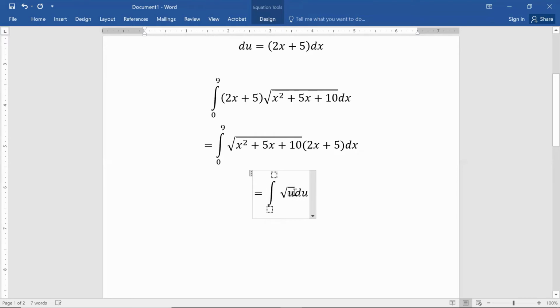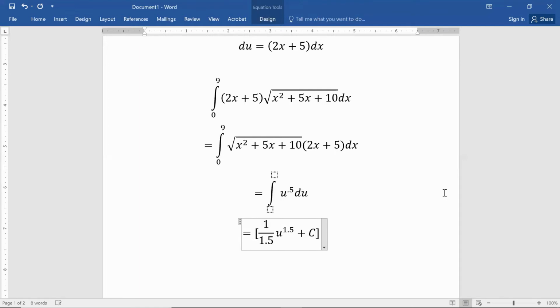Square root of u, when I take the antiderivative, is easier to see as u to the 1/2 power, or u to the 0.5 power. That way, when I find an antiderivative, it's going to be 1 over 1.5 times u to the 1.5 power plus any constant that we want.